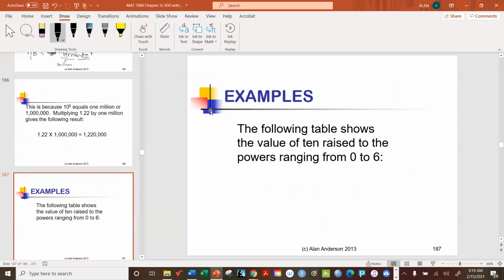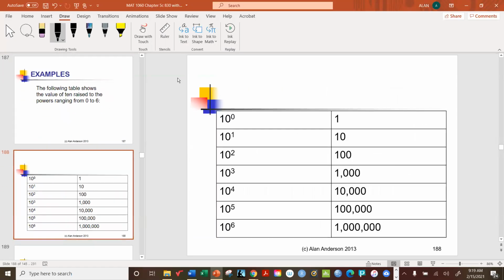Anyway, just as a review, it's helpful to remember some of these exponents. For example, 10 to the 6 is 1,000,000, which means, if you recall, 10 to the 9th is 1 billion. 10 to the 12th.